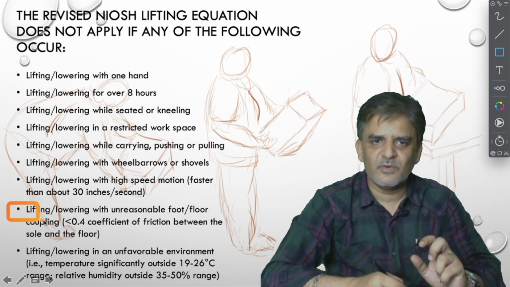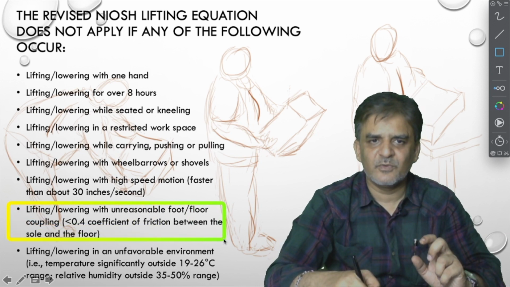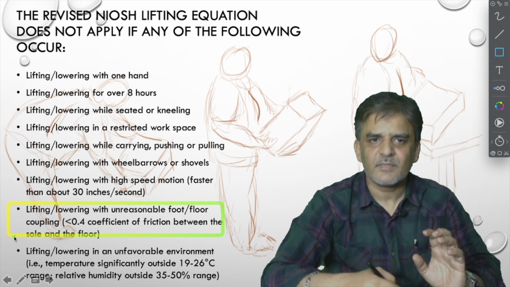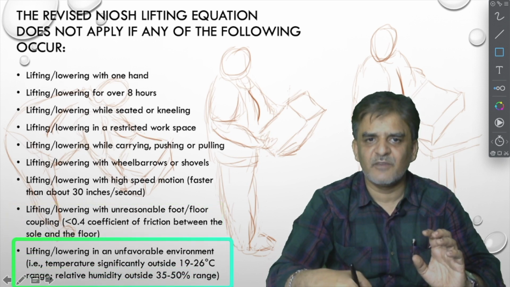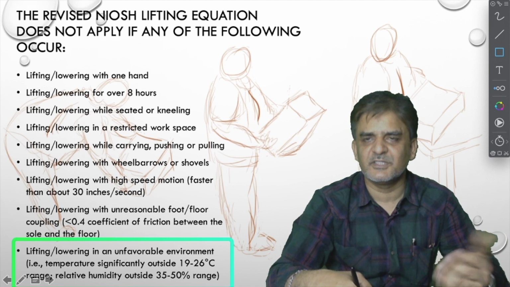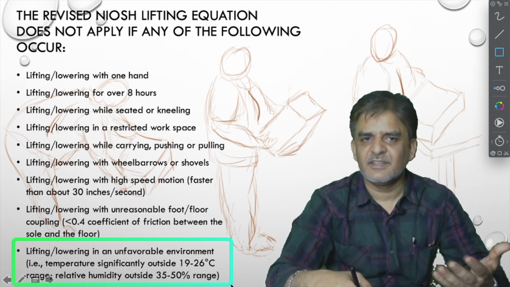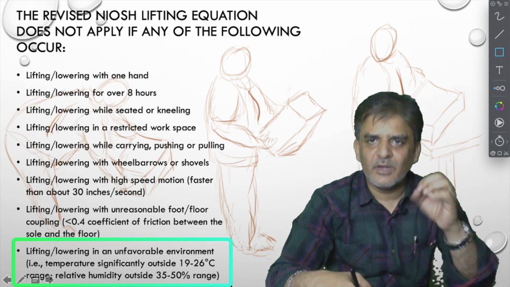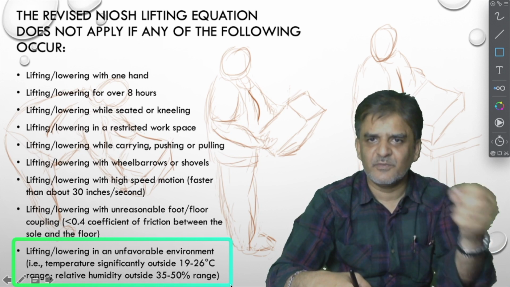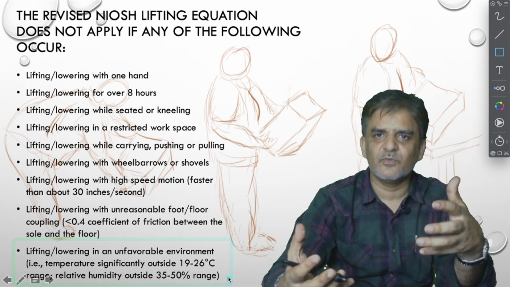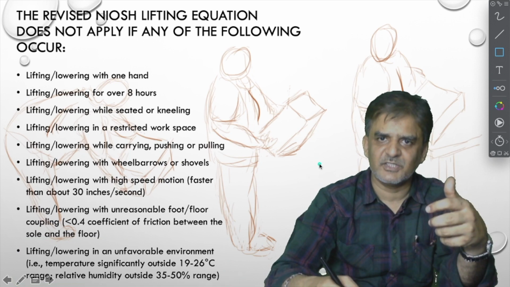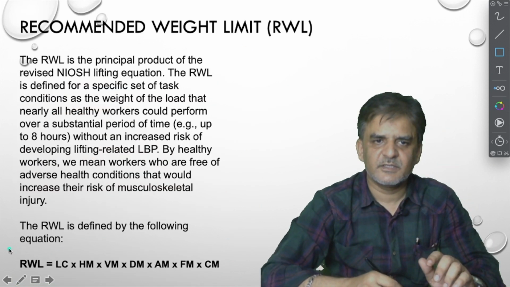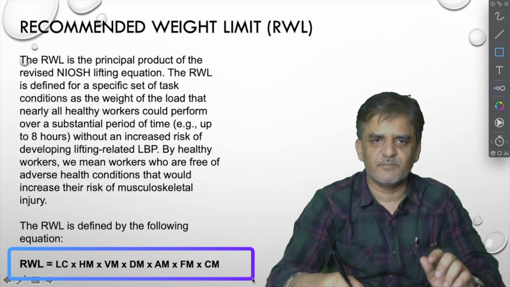Lifting or lowering with unreasonable foot or floor coupling, or in an unfavorable environment, when temperature is high or humidity is high, then we are not going to consider only the NIOSH lifting equation. Even if we have applied it, then we have to go for other kinds of modifications. This is what is called the NIOSH lifting equation.